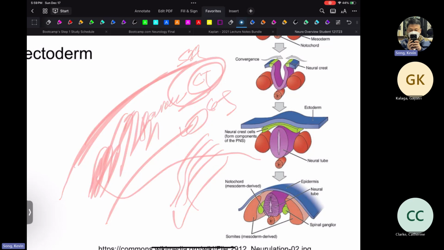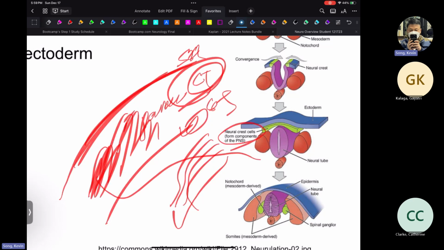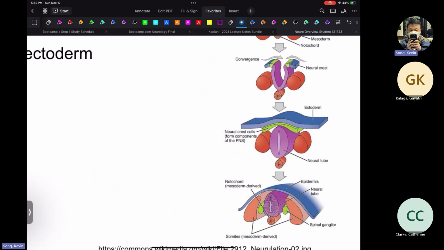But the neural crest is really bothering us because it goes everywhere. It doesn't stay in one piece, it just grows from here. Look at this: this guy is in the middle, and this guy forms a layer here.